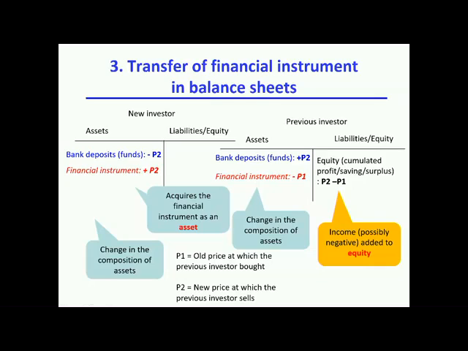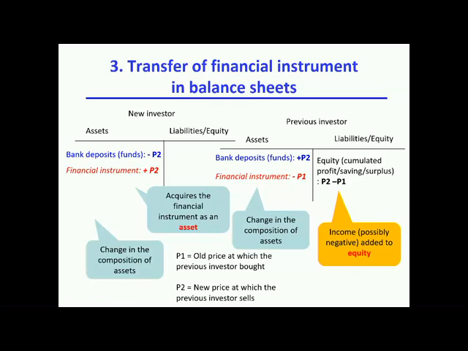What else can I say? Let's make it as simple as possible. If you sell it at the same price as you received it, you wouldn't make any kind of profit, and then these two would just balance out each other. If you manage to sell it at a higher price, if P2, the new price, is higher than P1, are you happy or unhappy? You are very happy, right? Because you made a profit.